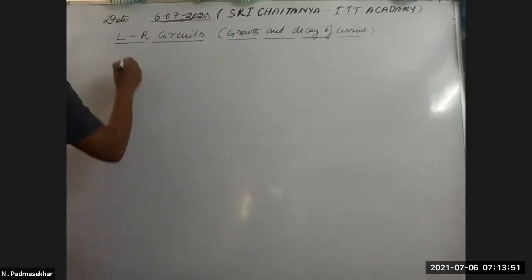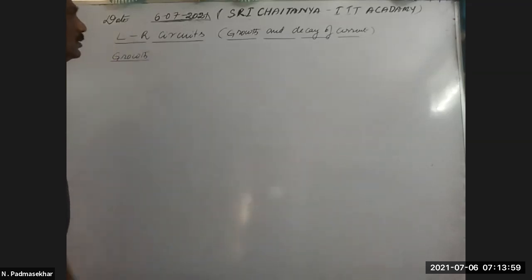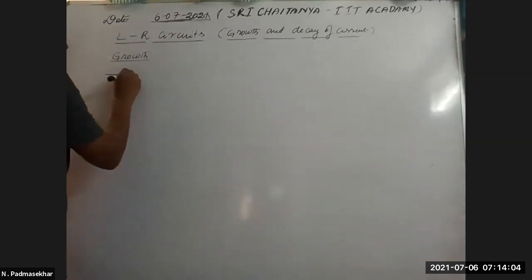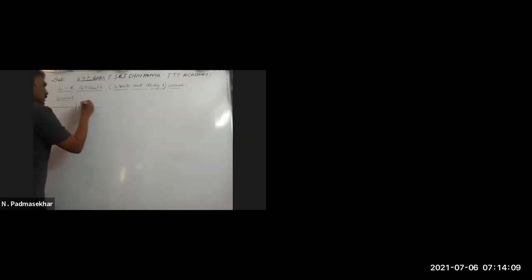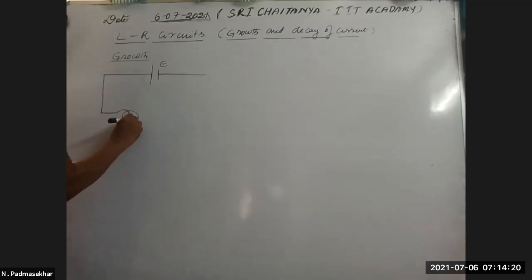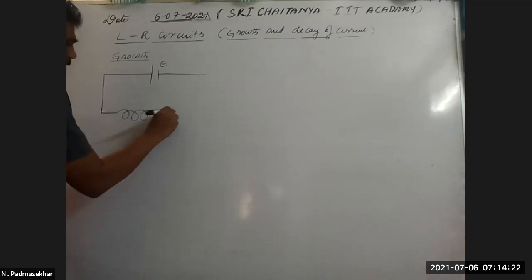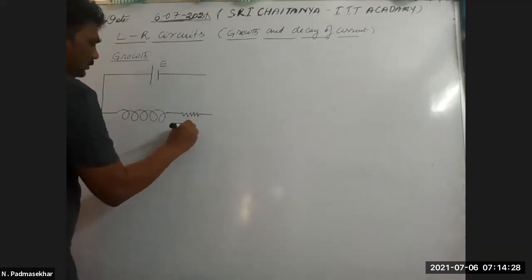And see, first there is a growth of current in the inductor. See, there is a battery of EMF E. And here there is an inductor coil, and a resistor, a series combination.